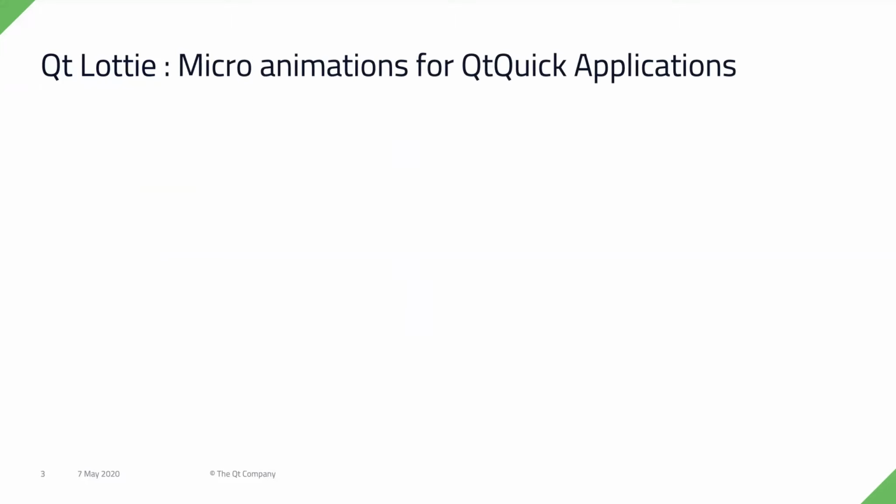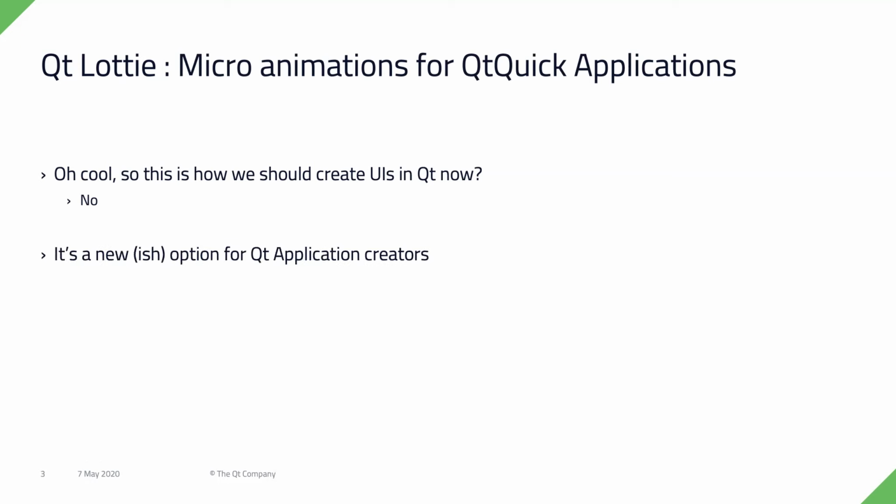Okay, so a little bit about Qt Lottie and what Qt Lottie is. Qt Lottie is a microanimation framework specifically for Qt Quick applications and for use in Qt Quick. So one of the things people have asked me is, is this how we should create UIs in Qt now? And no, it's not a new UI tool. It's really just for micro animations. It's fairly new. In fact, it's been around for a year.